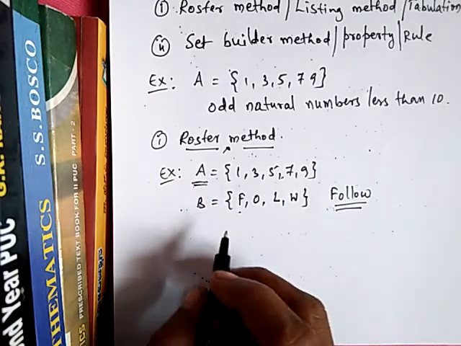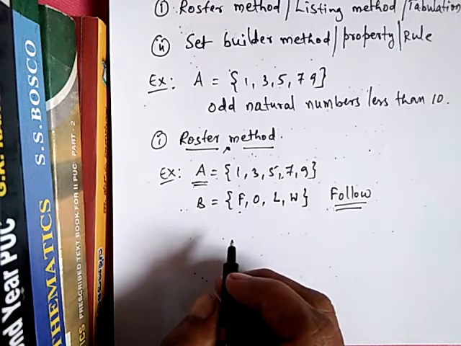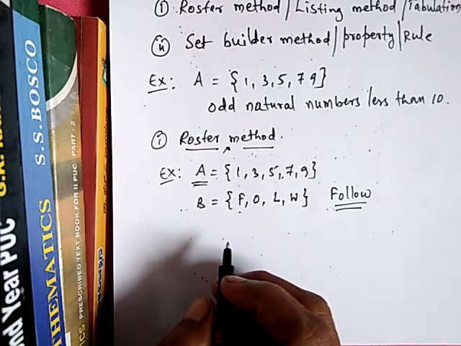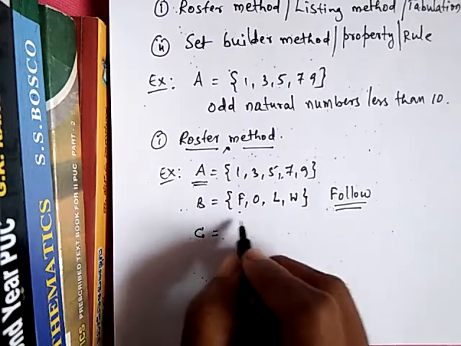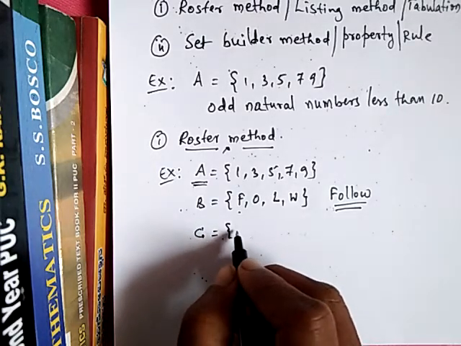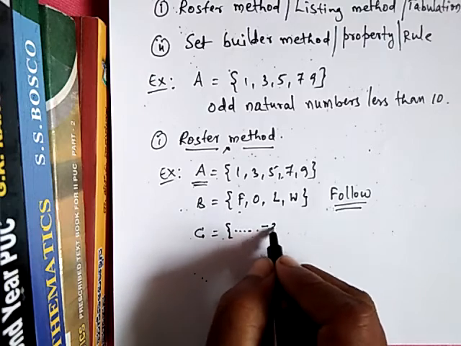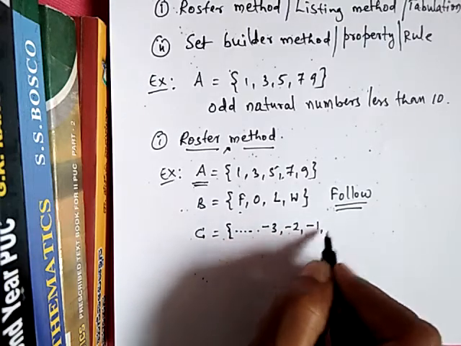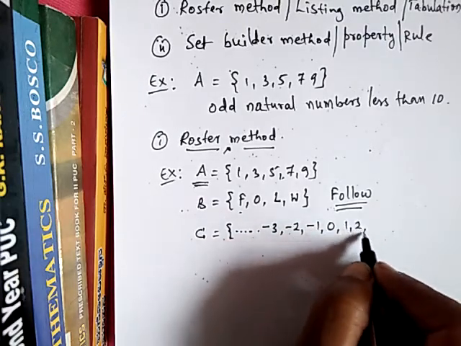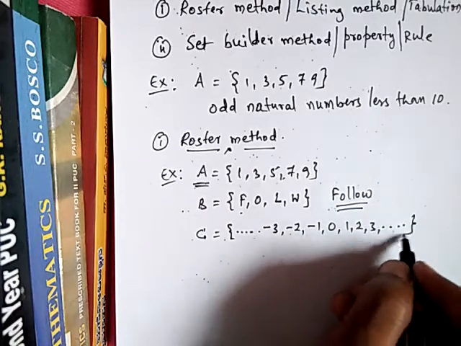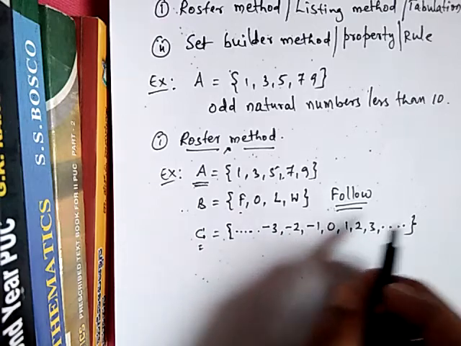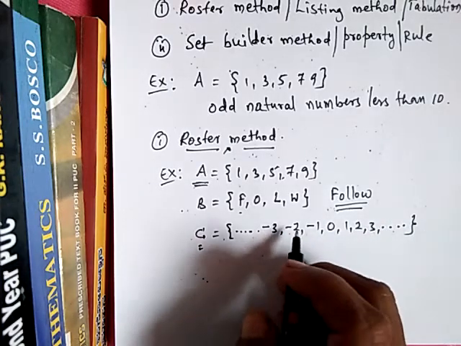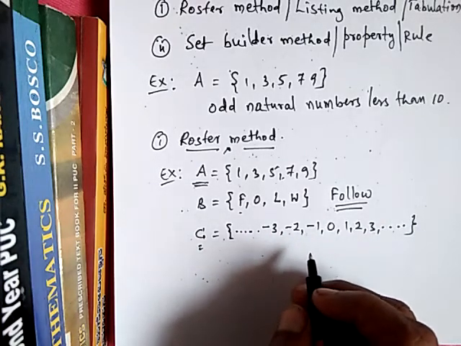So like this, many examples you can take. You can take capital C here, set of integers like this, and so on, -3, -2, -1, 0, 1, 2, 3 and so on. So this set is denoted by capital C, and it is in braces like this, and each element is separated by commas.